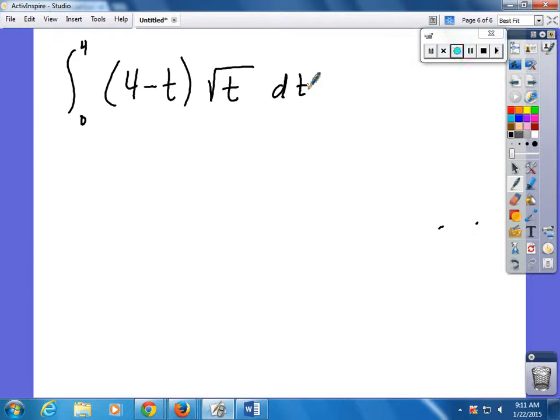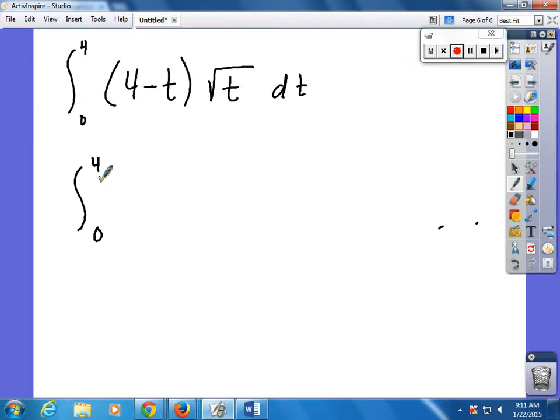All right. First step: radicals in calculus, don't miss this. So what's the first step? Change the radical into what? T to the 1/2. So parentheses, 0 to 4.